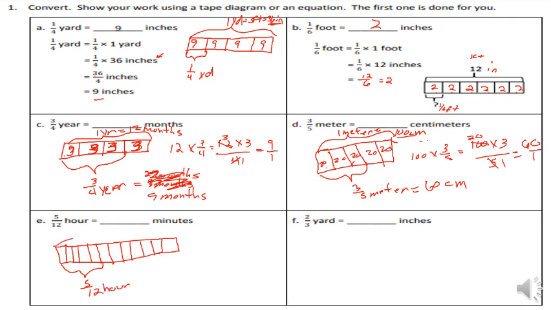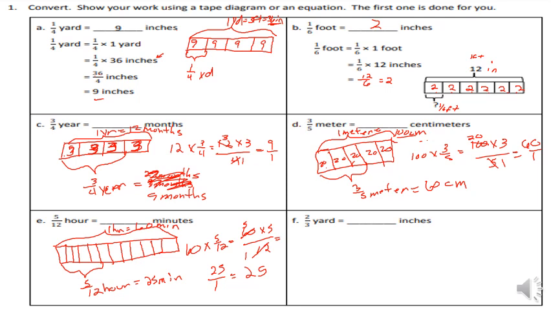Now, it wants minutes, so we know this is 1 hour here, which is equal to 60 minutes. So that allows us to go 60 times 5/12, which equals 60 times 5 over 12. And I know 12 will go into 12 one time. 12 goes into 60 5 times. So that's going to equal 25 over 1, which equals 25. So I know 5/12 of an hour equals 25 minutes.